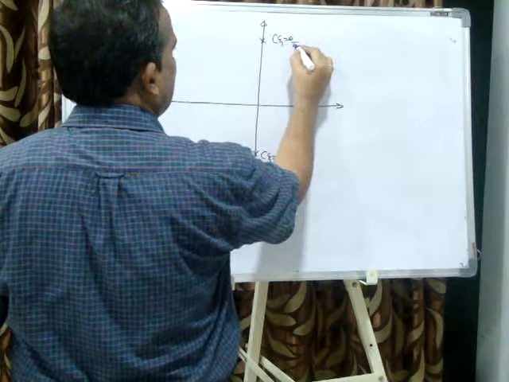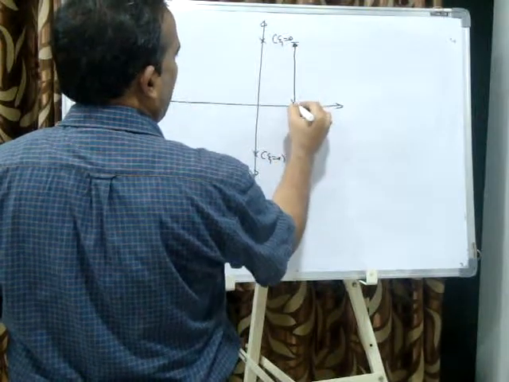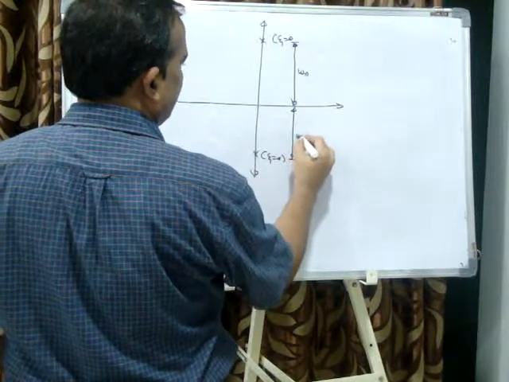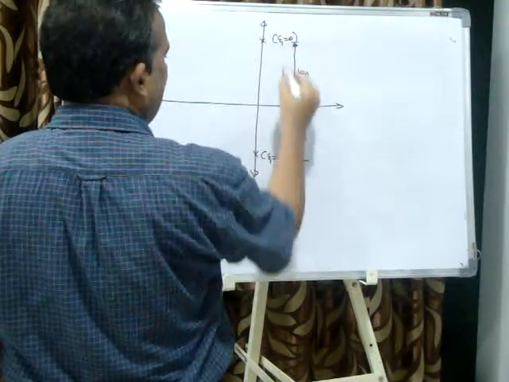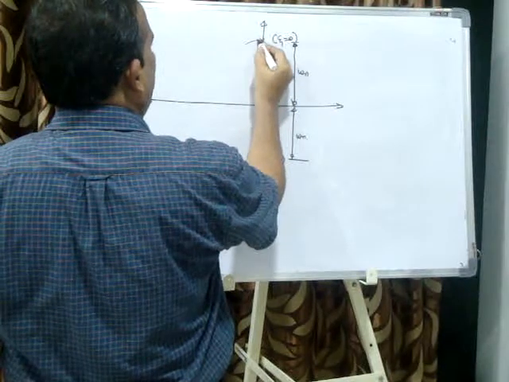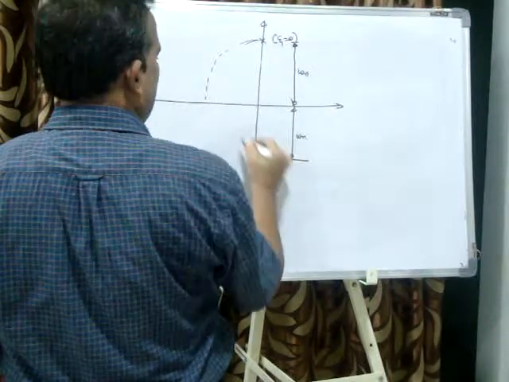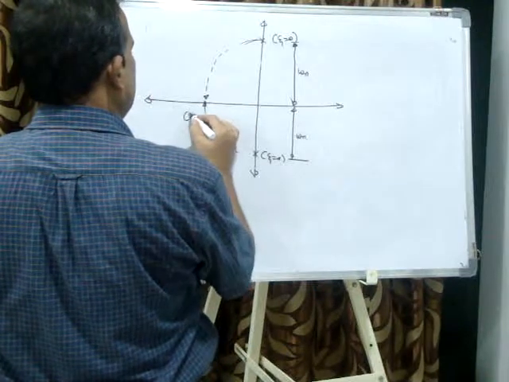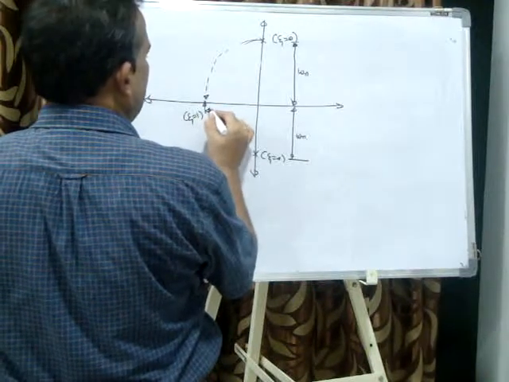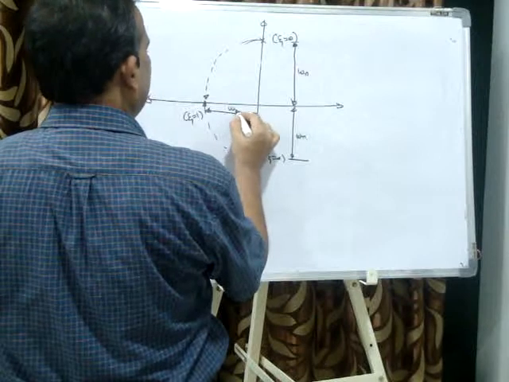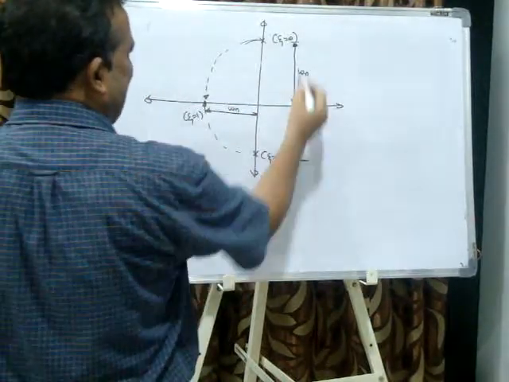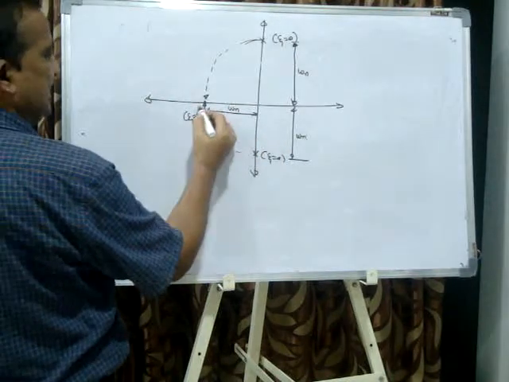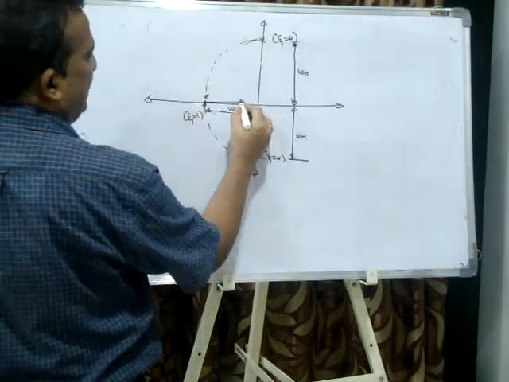That is plus and minus omega n j. When you increase zeta, say 0.1, 0.2, 0.3, the poles start moving like this, and exactly when zeta is equal to 1, the value is minus omega n.